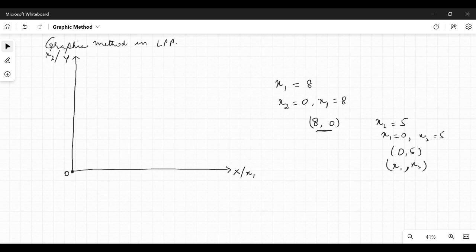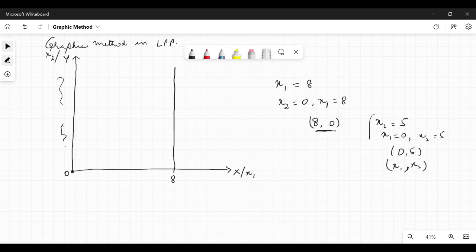So let's discuss first this point 8 and 0. Suppose 8 lies here and this is my x1 axis and we have 0 value of x2. It means we will not take any point on this side of the axis. So what we will do, we will make a parallel line from this point, that is 8, which is on x1 series, and this line is parallel to x2 series.